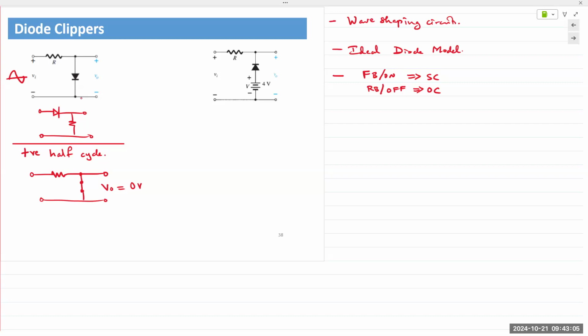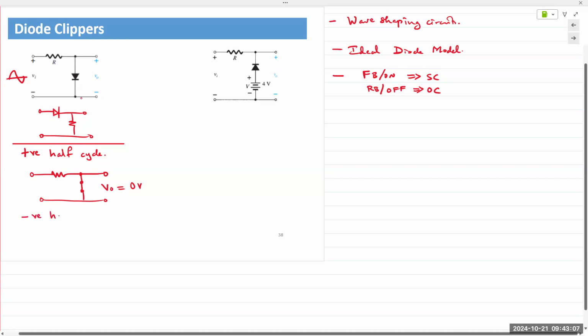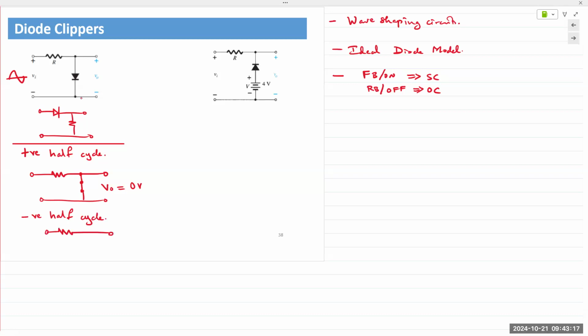The exact opposite happens in the negative half cycle. The diode is now reverse bias because you're applying a negative voltage to the diode. We can also represent each individual half as a DC voltage. Even though the value is varying, if we wish for analysis purposes, we can represent it like this.